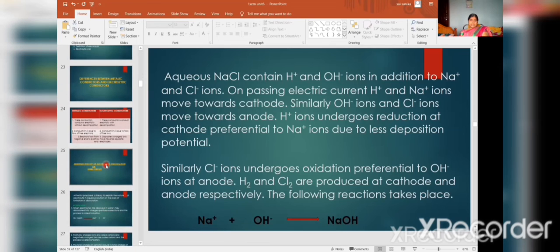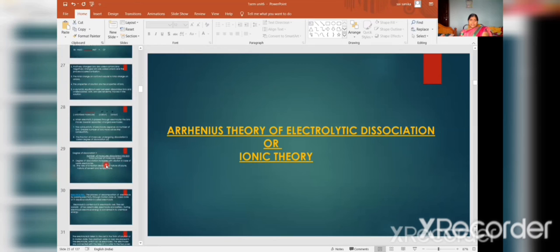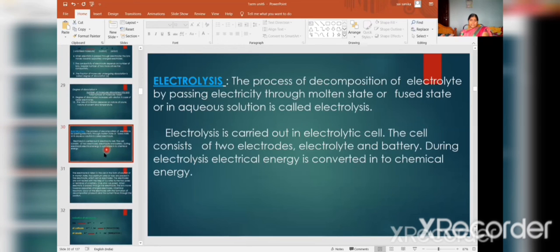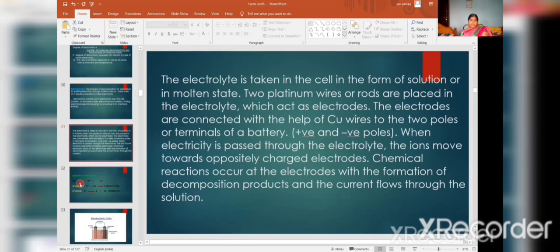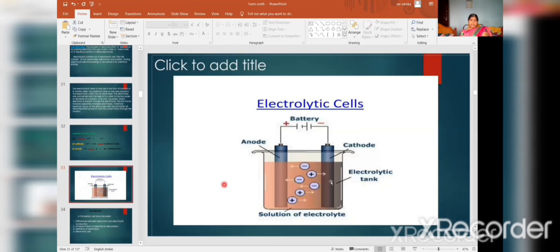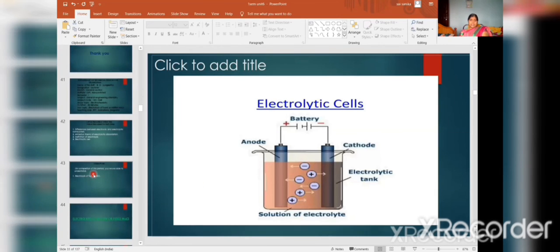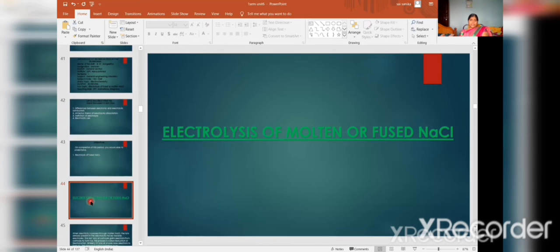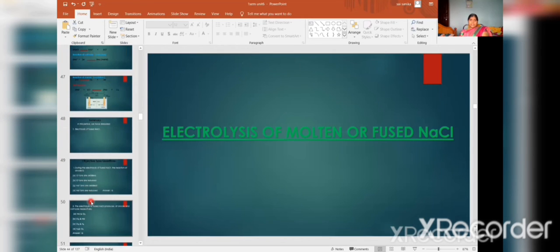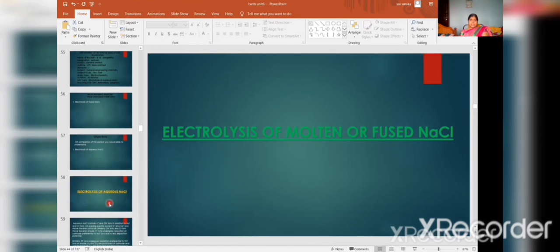Next, Arrhenius theory of electrolytic dissociation. Then we studied electrolysis: what is electrolysis, what is an electrolytic cell, the construction and working of the electrolytic cell. Next, we discussed electrolysis of fused NaCl. Then today we discussed electrolysis of aqueous NaCl.